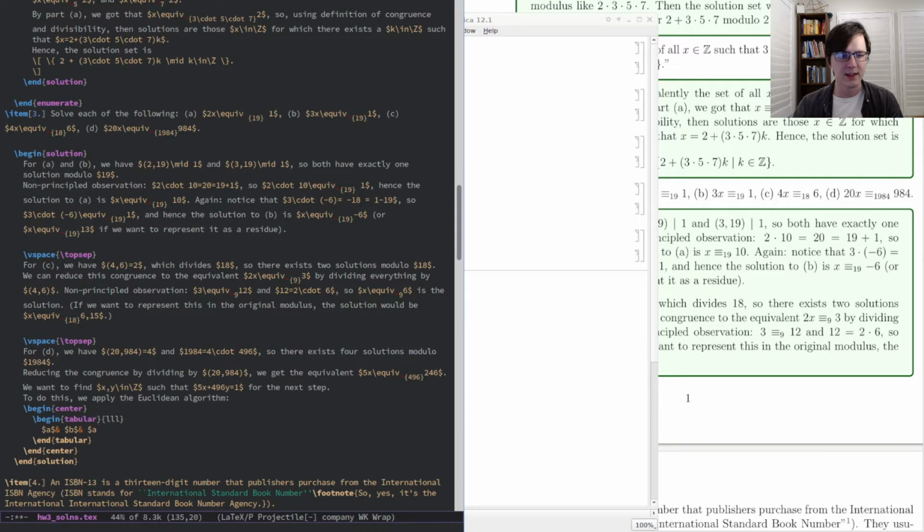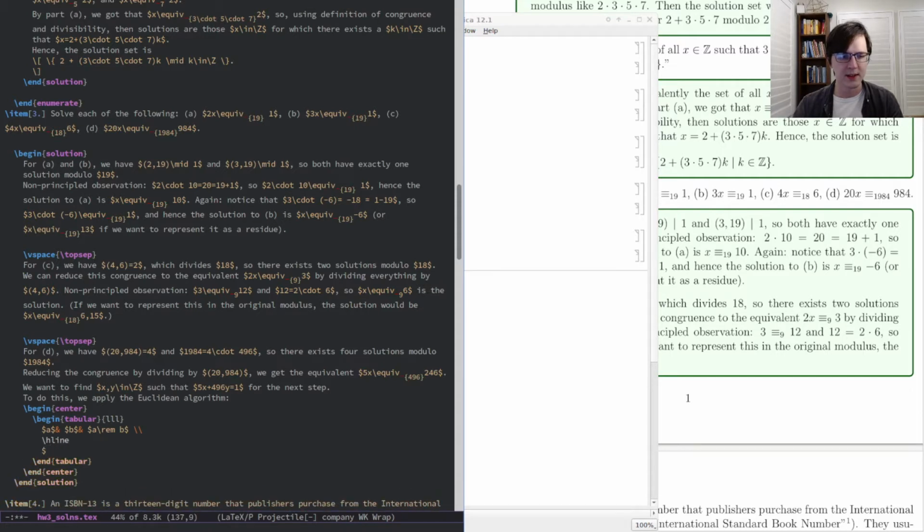This is not going to be a long algorithm, only a few steps. So we start with 496 and 5. And, you know, we want a bunch of data here because we want the extended algorithm, so let's also record the quotient.